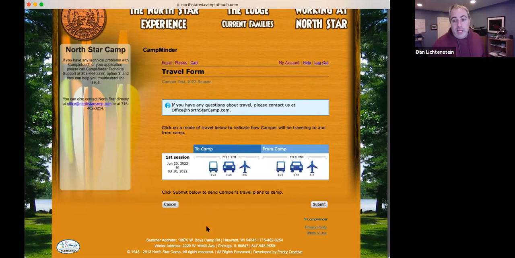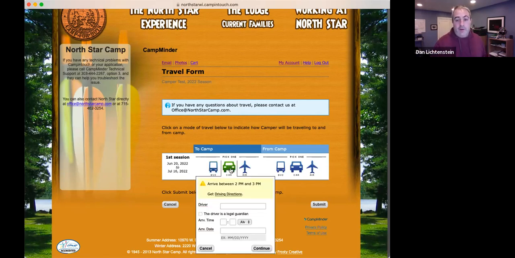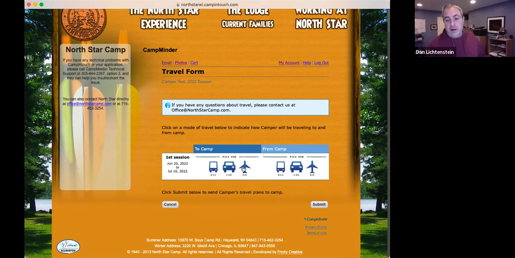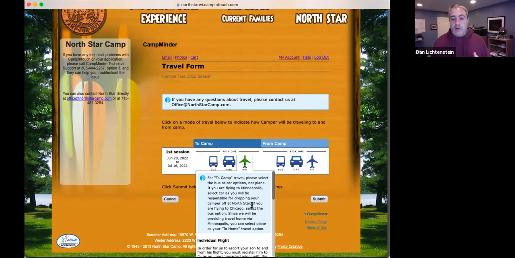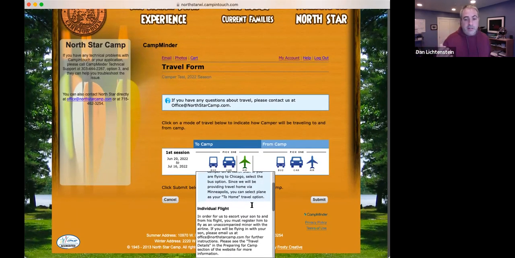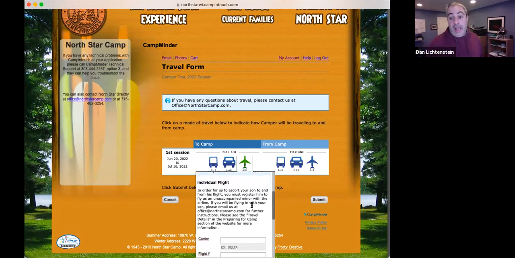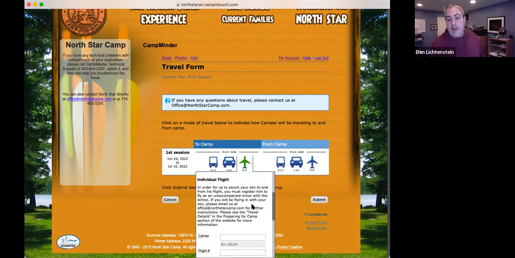The car option would be if you are either dropping off or picking up your camper at camp. You would select the car option and provide the information there. And then the third option is the little airplane. That is for campers that are flying to camp, where you are requesting that a staff member of ours meet them at their flight, at the gate upon their arrival, or take them to their gate at home for their departure.